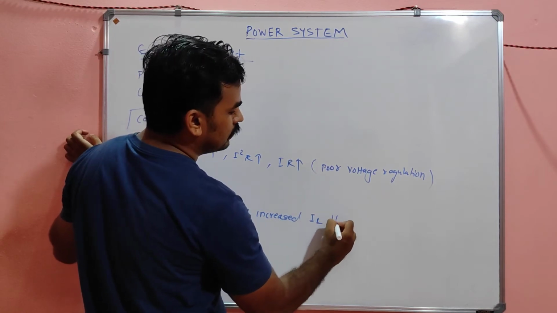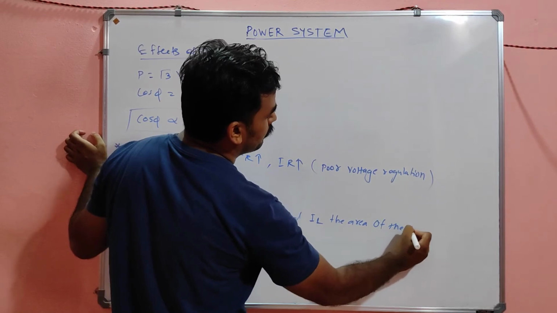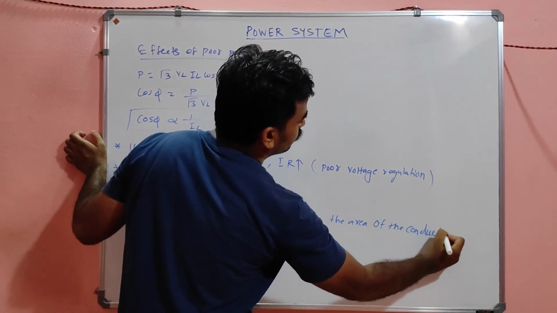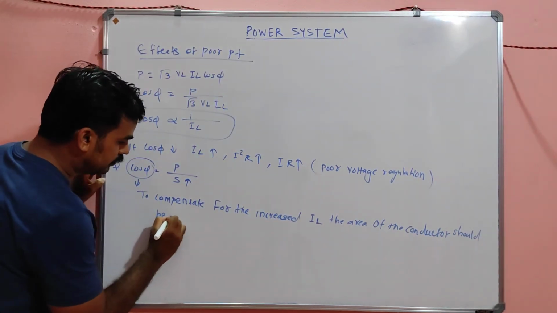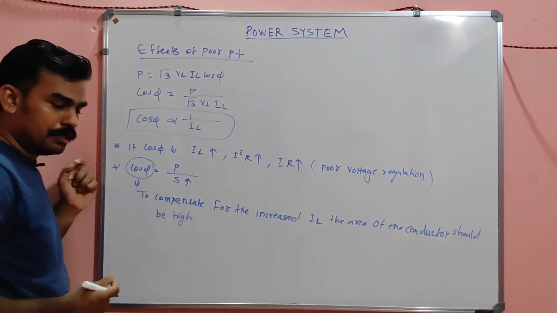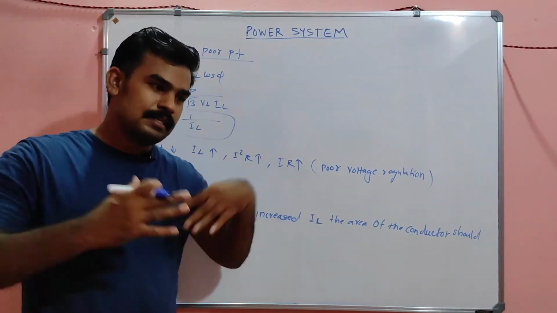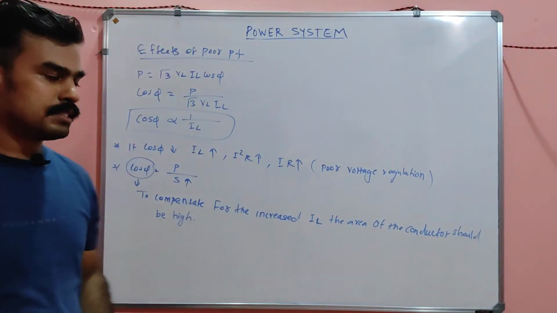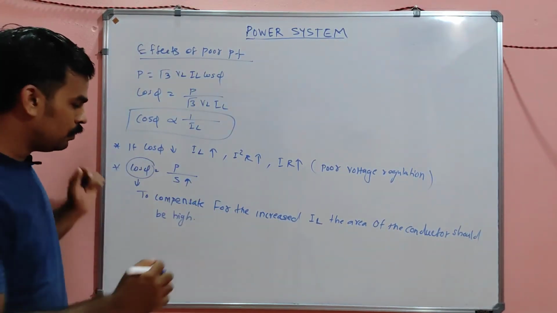the area of the conductor should be high, correct? Because to carry more current in the transmission line the area should be very high, otherwise the conductor may burn. Because to carry a very high current the resistance should be low.